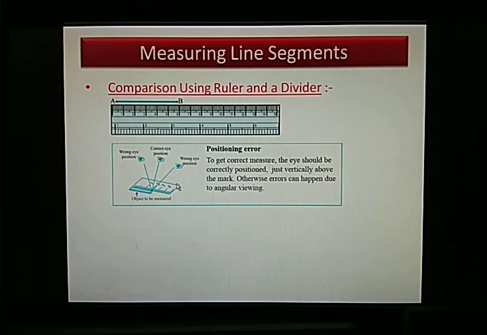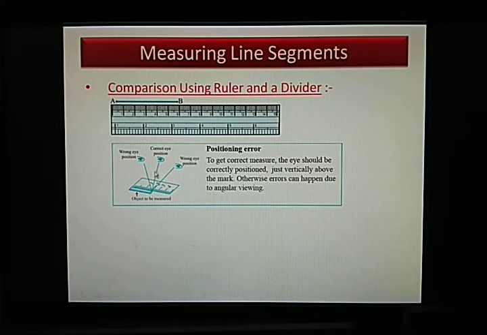But the problem is that if we simply use a ruler, which we generally use for measuring a line segment, there is something called positioning error. To get a correct measure, the eye should be correctly positioned. While seeing the measurement or the length of the line segment, most of the time we see it in the wrong way.